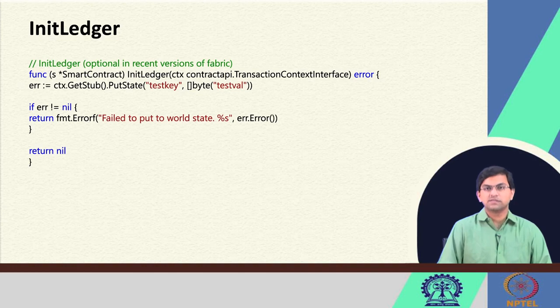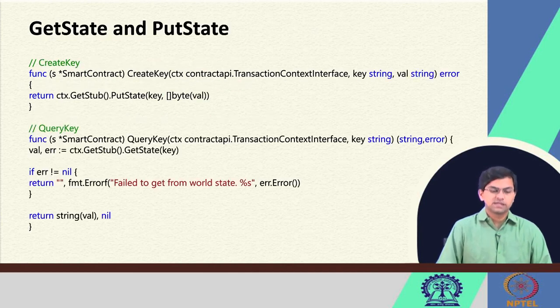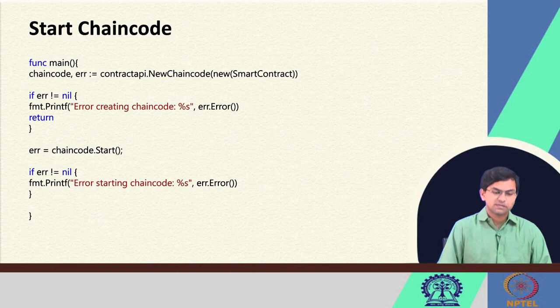In the older version it was a required function, but now you can define your own functions directly. Then we used get state and put state to define two functions, create key and query key. Create key is saving a key value pair, and query key is retrieving one from the ledger. Finally, we started our chain code in this main function, and we saw how we can use it using the same query and invoke commands.